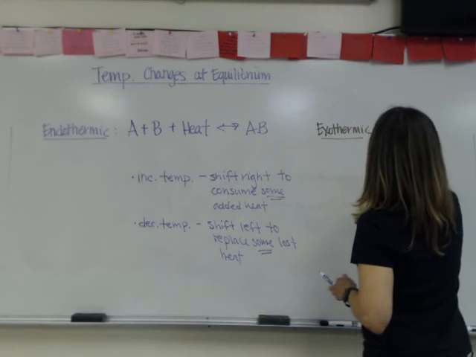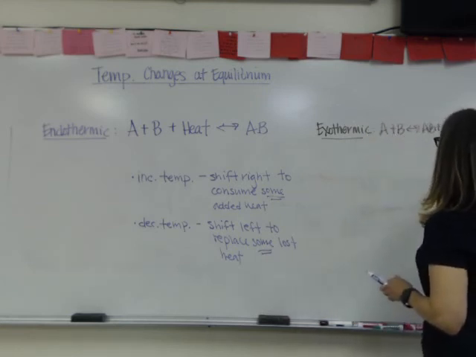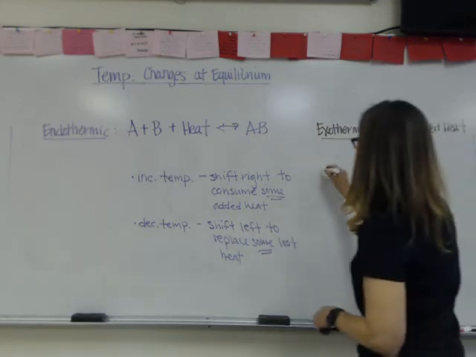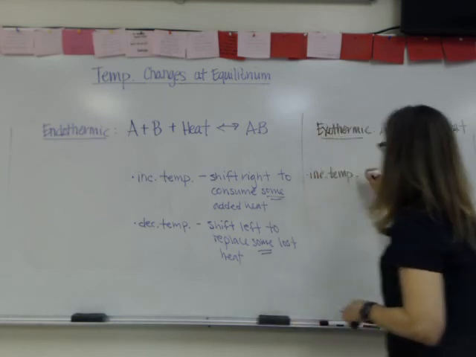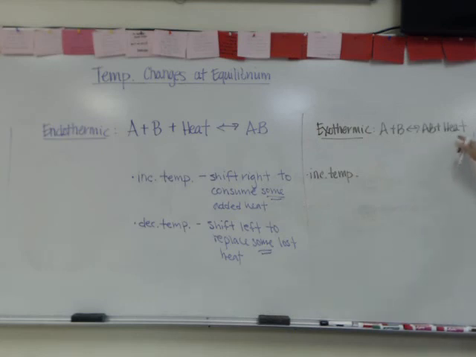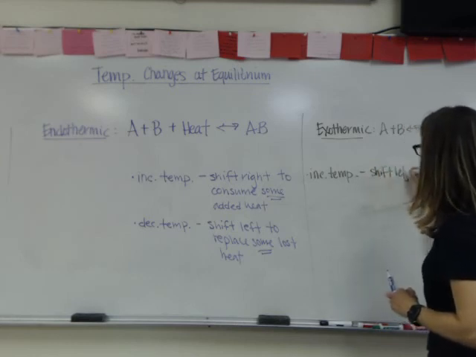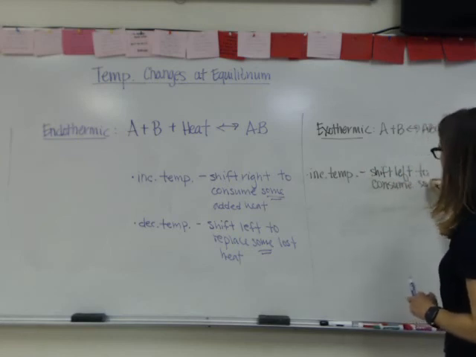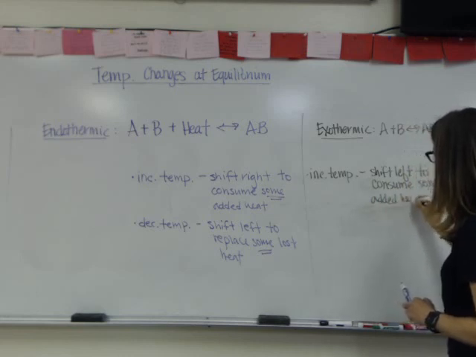In an exothermic reaction, you're going to have heat as a product. So if I increase the temperature for an exothermic process, that means I'm increasing heat on the product side here. You need to shift to the left to consume some of that added heat.